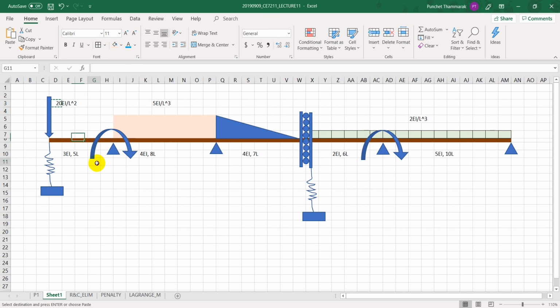Moment here will be 30 EI over L, and this moment here is 50 EI over L. Well, okay, not bad.